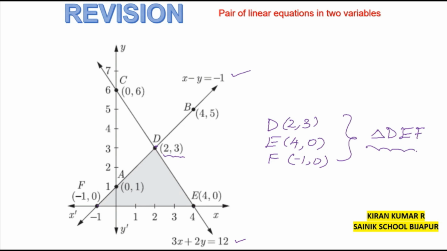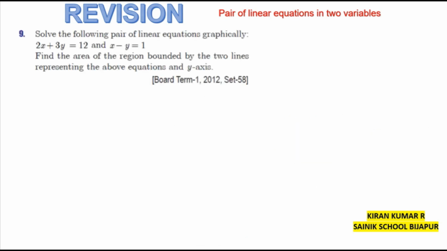Let's take the next question. Question number 9. Solve the following pair of linear equations graphically. 2x plus 3y minus 12 equal to 0 and x minus y minus 1 equal to 0. Find the area of the region bounded by two lines representing the above equations and the y-axis.